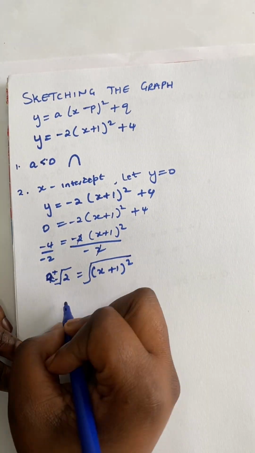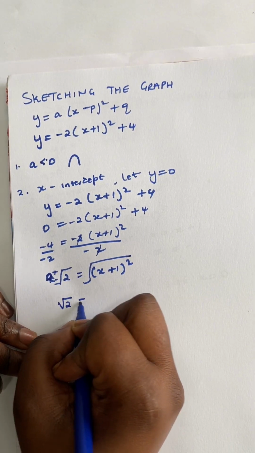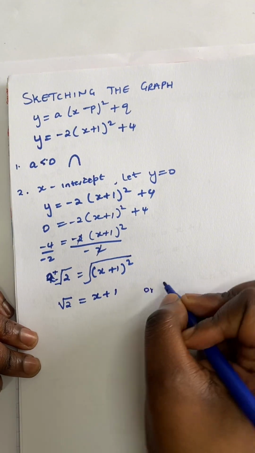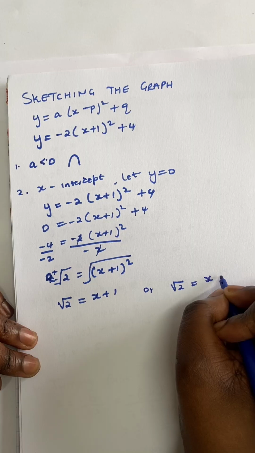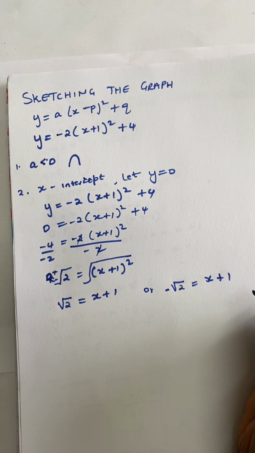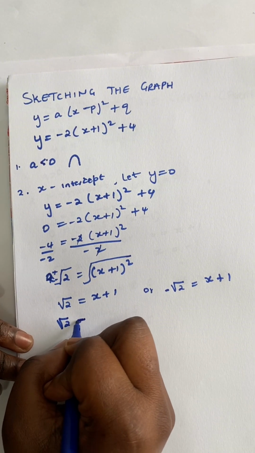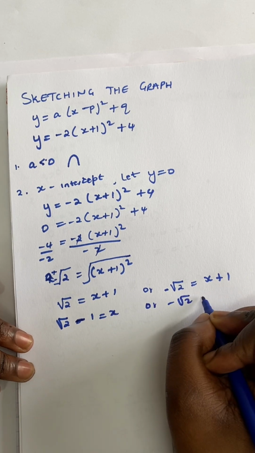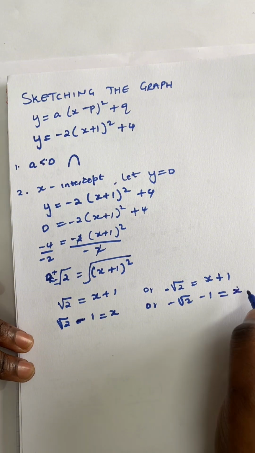Let's start with the positive: square root of 2 is equal to x + 1, or positive square root 2 minus 1 is equal to x, or negative square root 2 minus 1 will be equal to x.